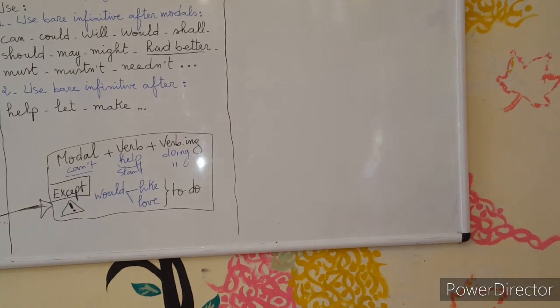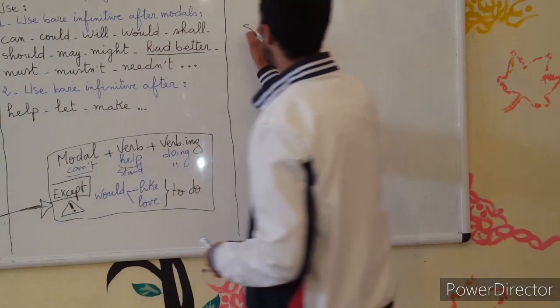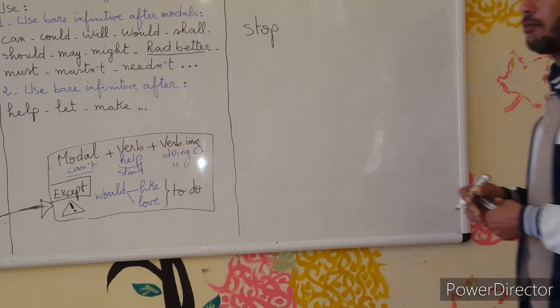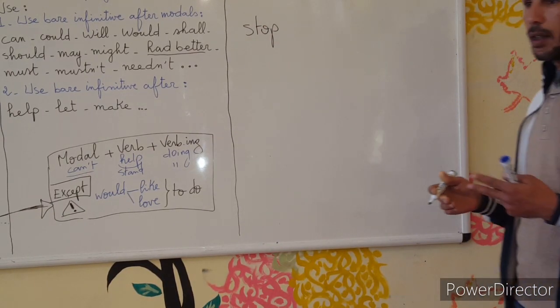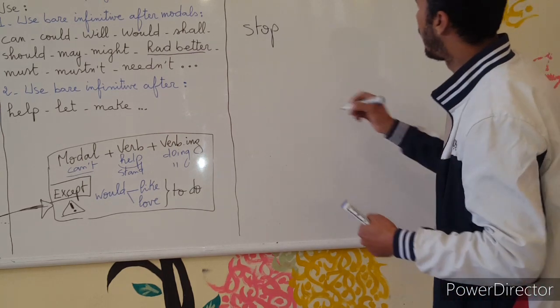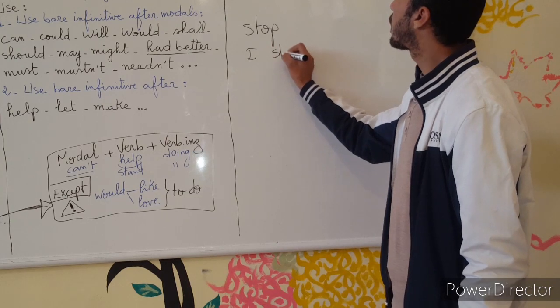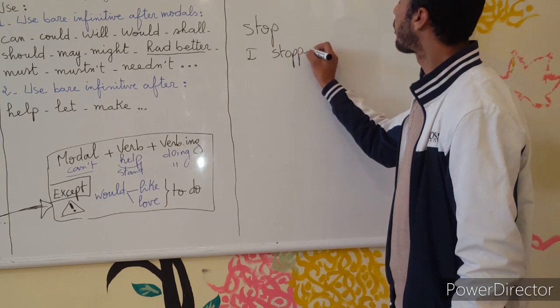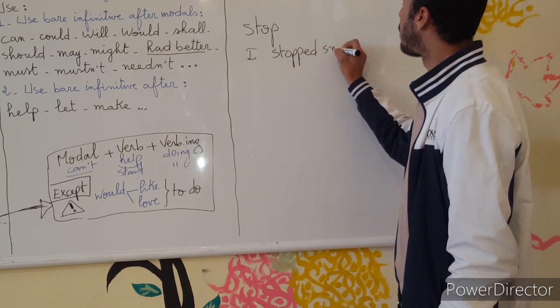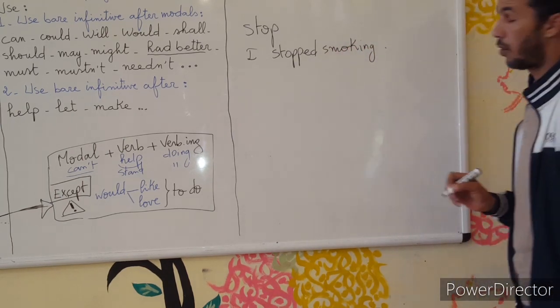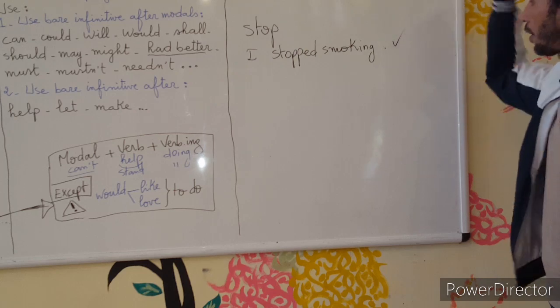The verb stop. If I ask any student to give me an example with stop and smoke, everybody is going to say, I stopped smoking. Okay, this one is correct.